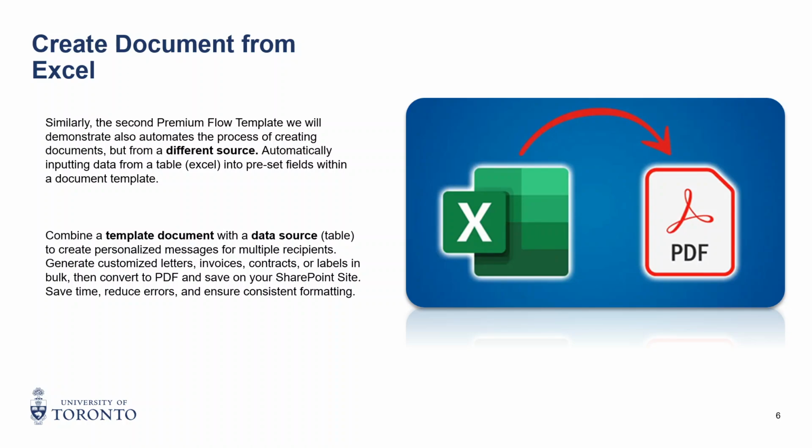So combine a document template with a data source to create personalized messages for multiple recipients. Generate customized letters, invoices, contracts, or labels in bulk, then convert to PDF and save on your SharePoint site automatically. So it saves time, reduces errors, and ensures consistent formatting.